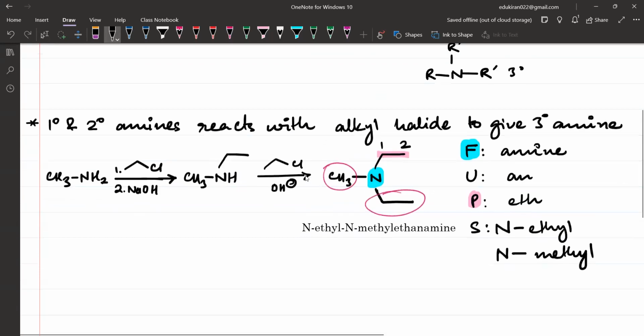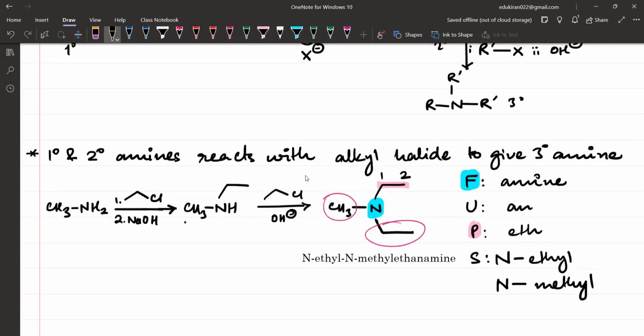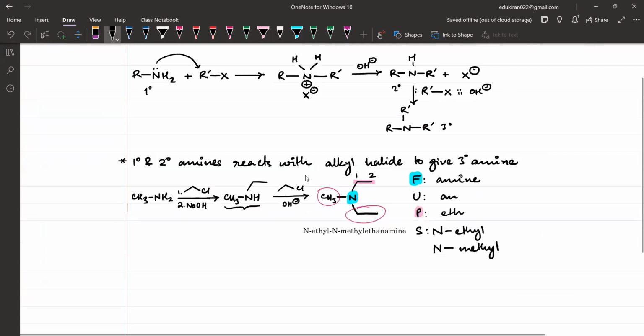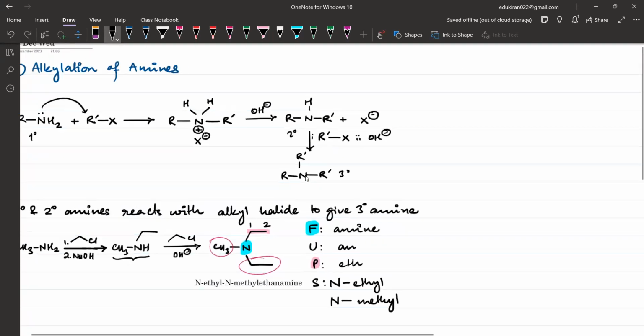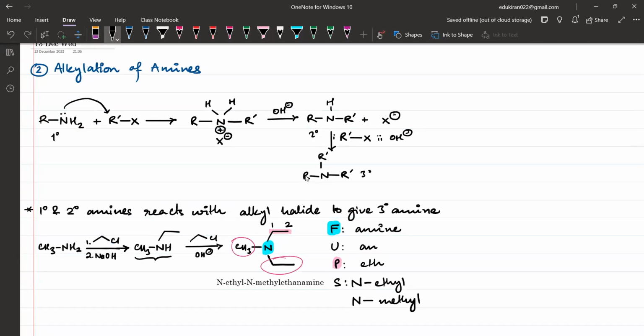Similarly, try to write this whole thing down and then write the name of this compound. Raise your hand once you're done. Please write it down. Raise your hand once you're done writing.